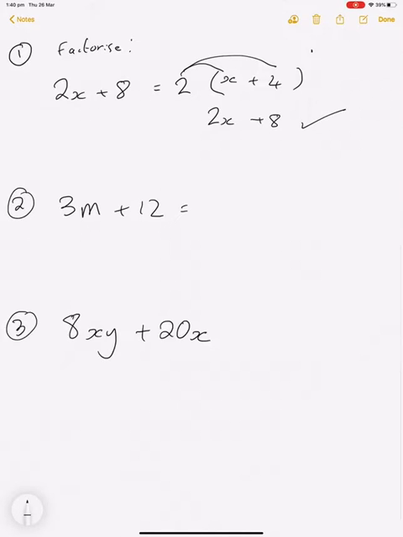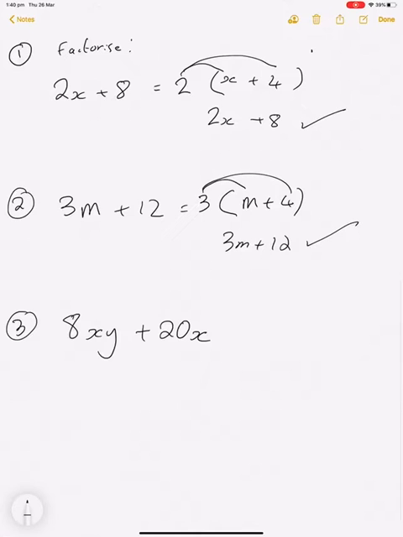The highest common factor of 3m and 12 is 3. We divide each term by it: 3m divided by 3 is m, 12 divided by 3 is 4. We can expand out to check: 3m plus 12.